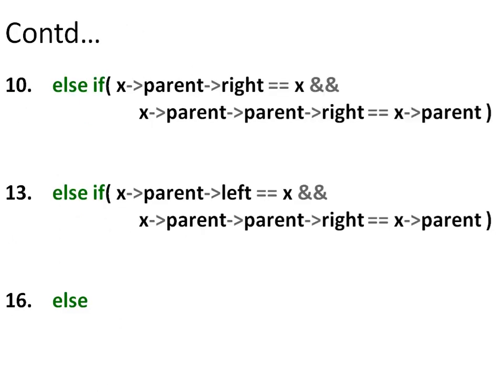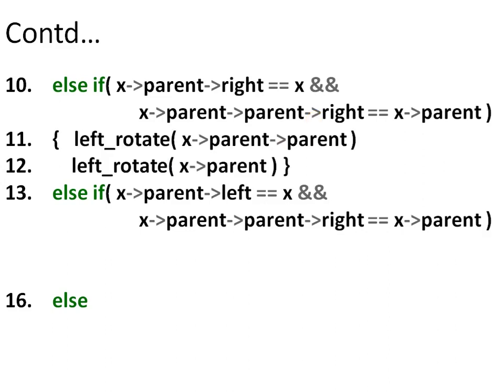Similarly, if we talk about another scenario where parent and x are related via right child pointer, and parent and grandparent are also connected via right child pointer, again we have to perform 2 left rotations. The first rotation should be at the grandparent. So we perform left rotation at the grandparent first, followed by another left rotation at the parent.